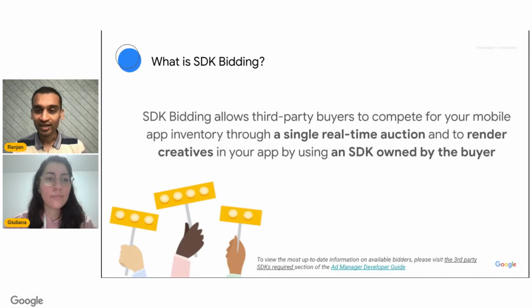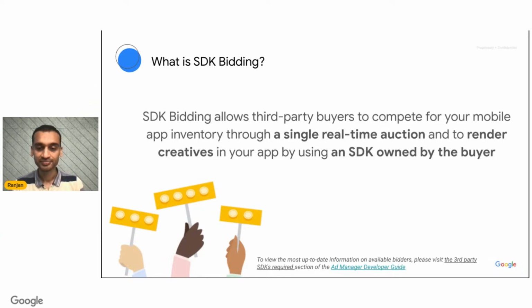To streamline and simplify the implementation process for you, we are consolidating all the bidders using proprietary SDKs on mobile app inventory into this new bidding program, SDK bidding. This will make buyers who were previously only available to Ad Manager 360 publishers with an addendum accessible to all Ad Manager publishers. An addendum will still be required, but it can now be done within the Ad Manager interface itself.